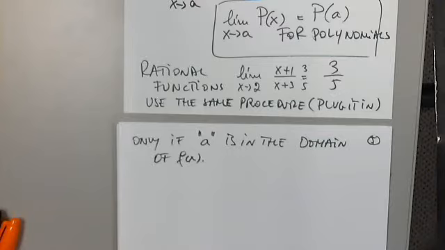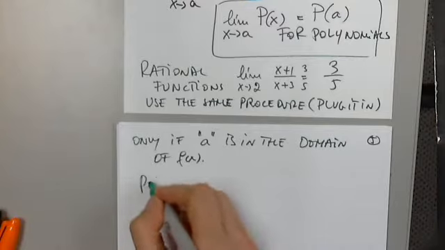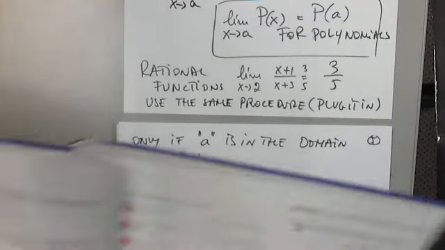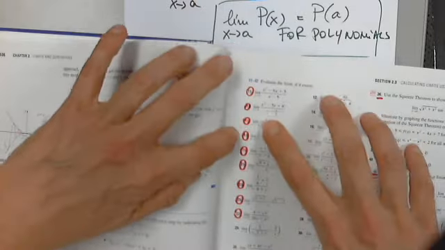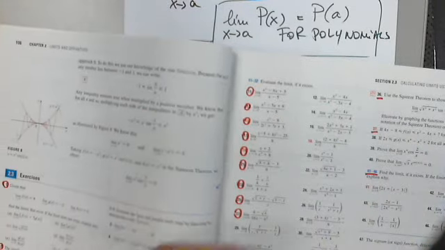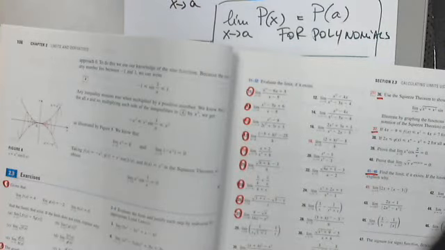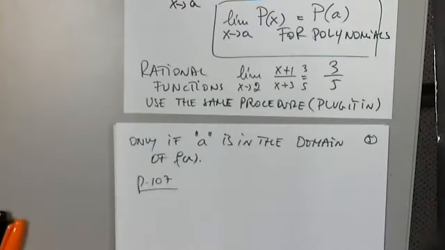I do have one more theorem to look at, which is the Squeeze Theorem. But before we do that, I'd like to look at examples. On page 107, I marked down in my book all the problems that are recommended by my department, so we can work on some problems. There are even number problems from these.